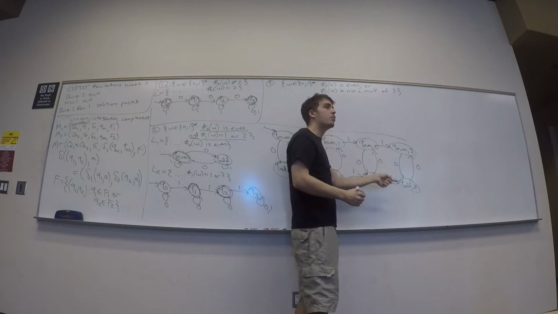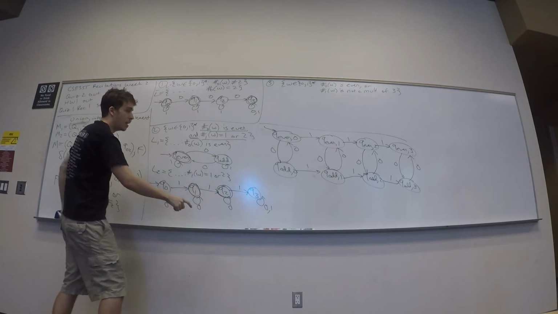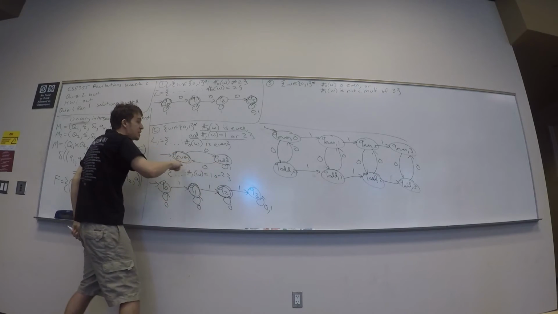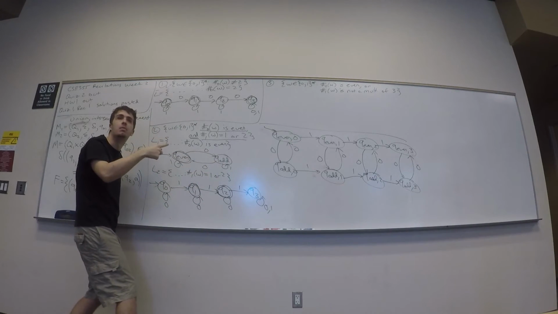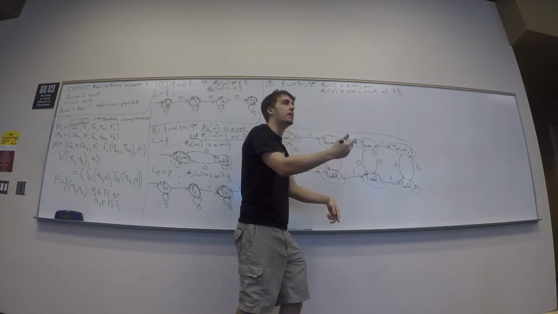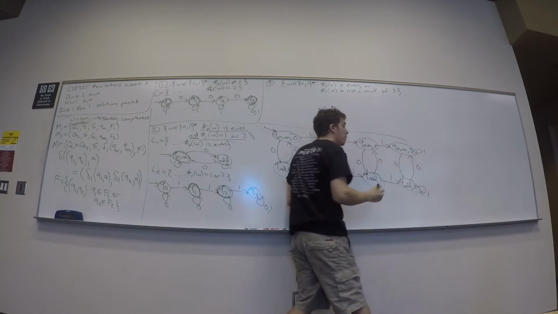Where are the 3 ones going to go on input 1? They're going to stay there. Why? Because in Q3, we're going to self-loop on input 1, and no matter what state we are here, we're going to also self-loop on 1. So no matter which of these 2 we're in, we're going to self-loop on input 1. So 1 here, 1 here.